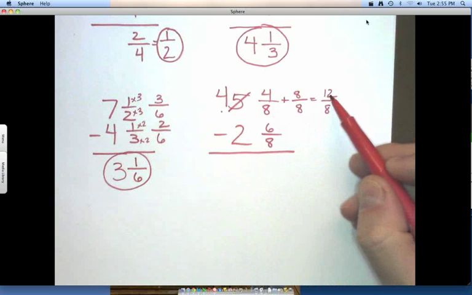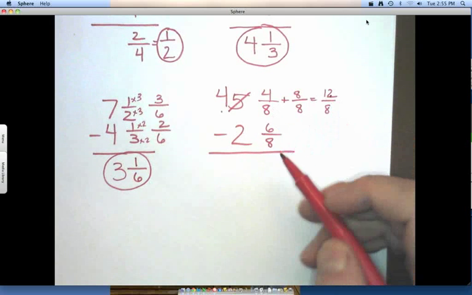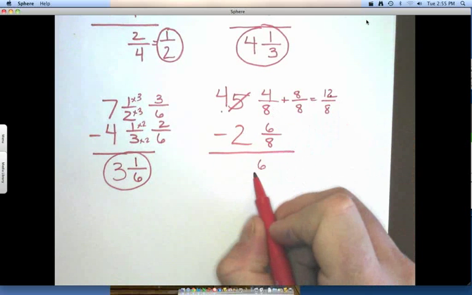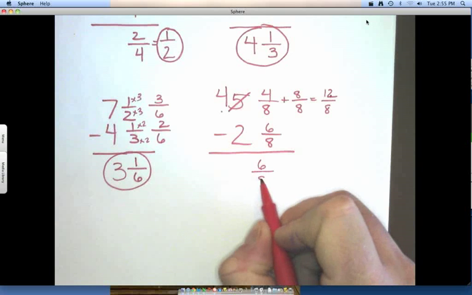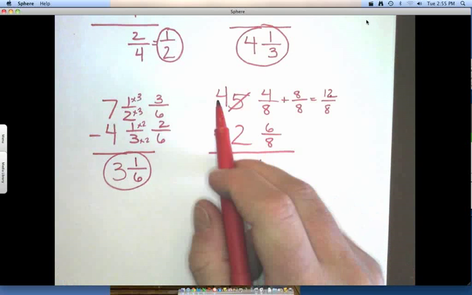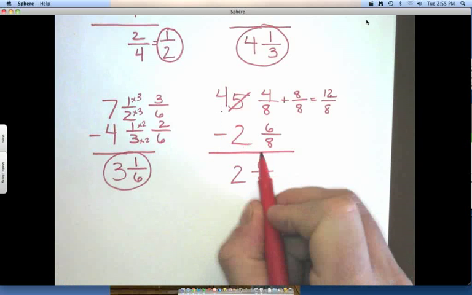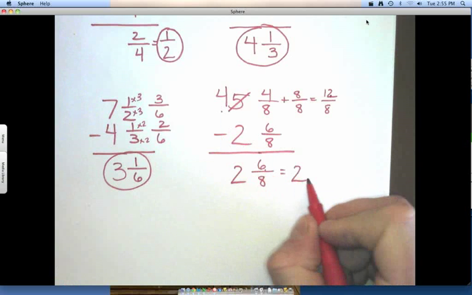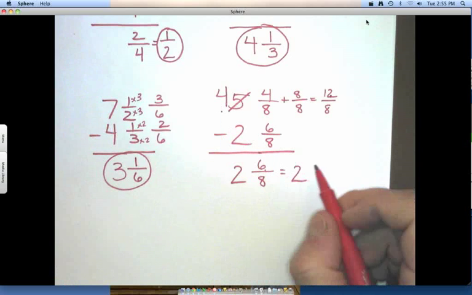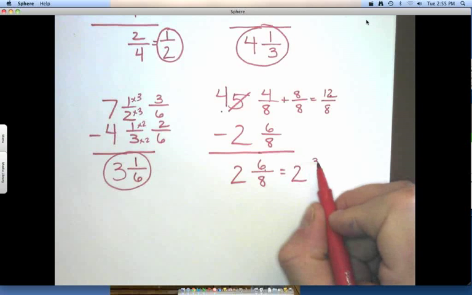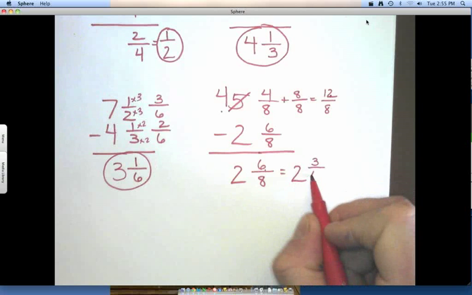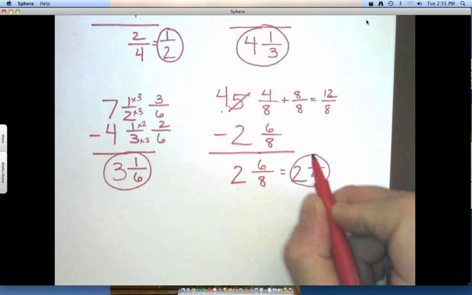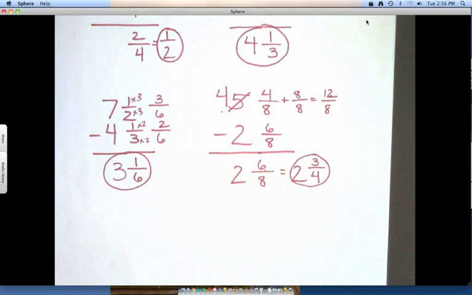Now we can take 12/8 and subtract 6/8, which leaves us with 6/8. 4 minus 2 equals 2. 2 6/8, which can be reduced, because 2 goes into both 6 and 8, 3/4. So the correct answer in simplified form would be 2 3/4.